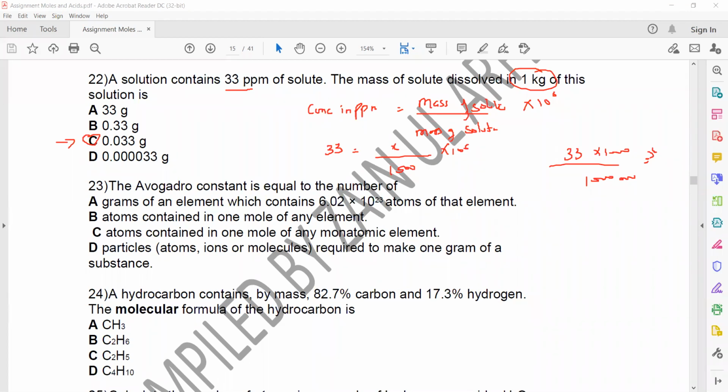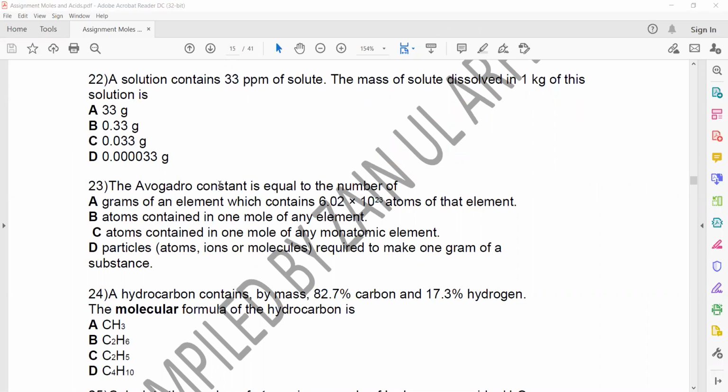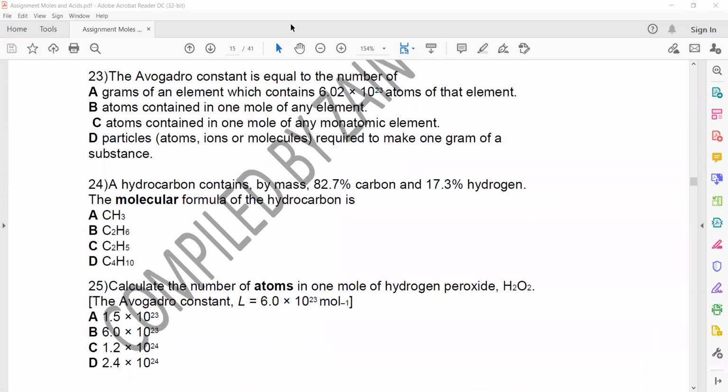For question 23, the Avogadro constant is equal to the number of grams of an element which contains 6 exponent 23 atoms of that element.